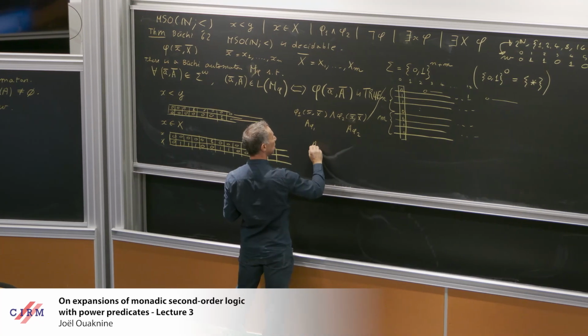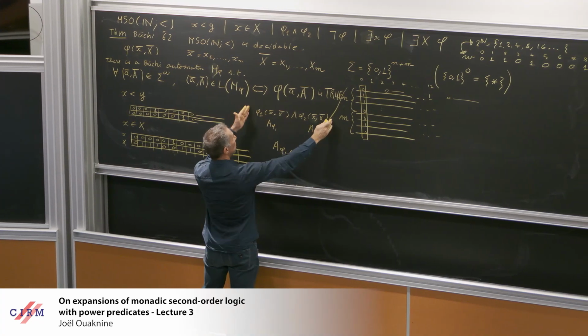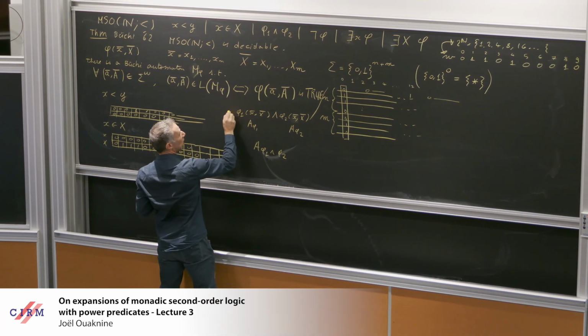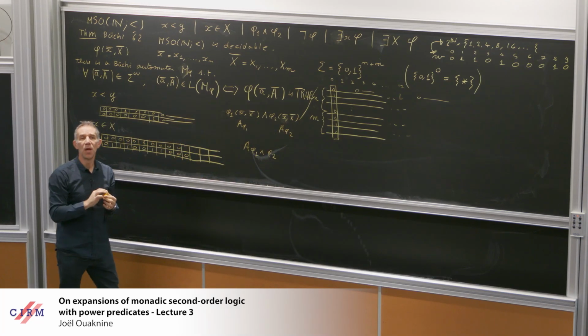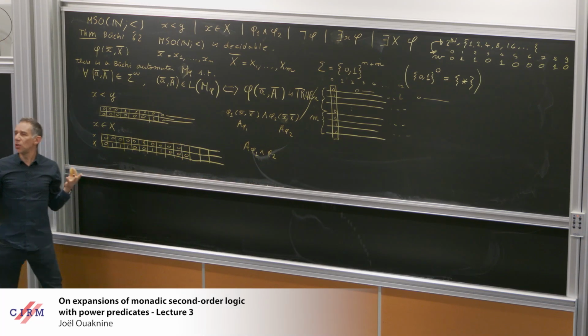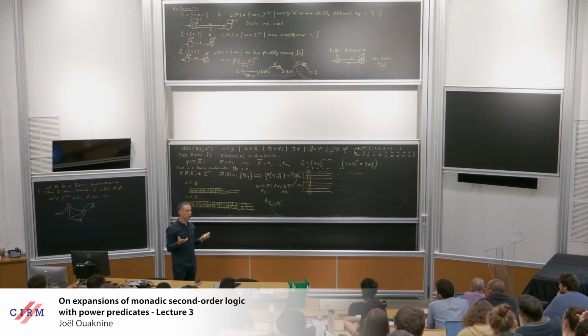So I want an automaton A sub phi 1 and phi 2 that will accept all the words corresponding to that formula. And this is an intersection construction. So you have to do a product construction.